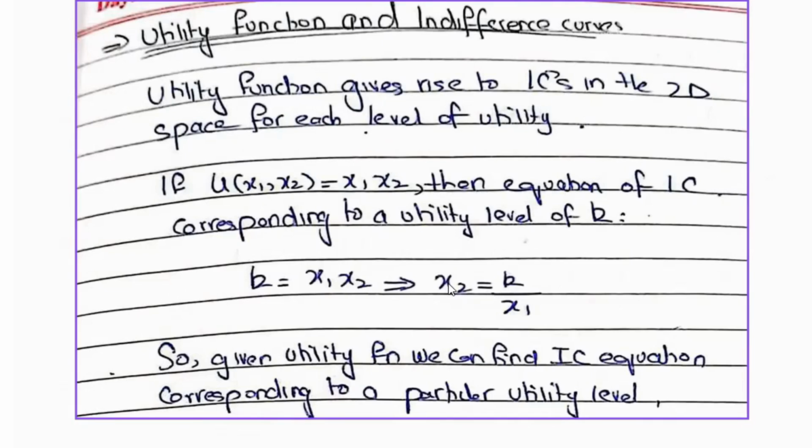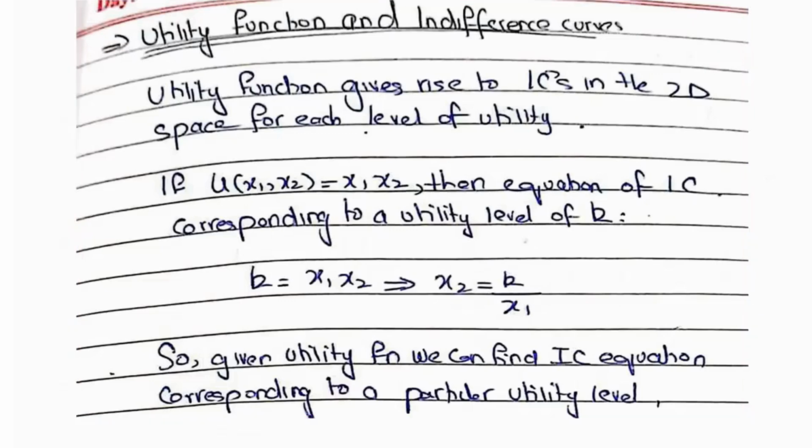So this utility function has given rise to an IC corresponding to utility level k, which has this equation. Essentially, given the utility function, we can find indifference curves for each level of utility. If I pick a utility level of 1, it's going to show me all the combinations of x1 and x2 which give utility 1. If I choose k to be 2, it's going to give me all combinations of x1 and x2 which give utility level 2, and so on.